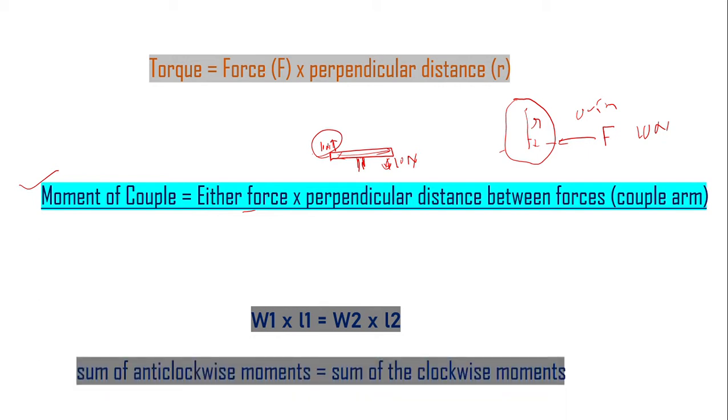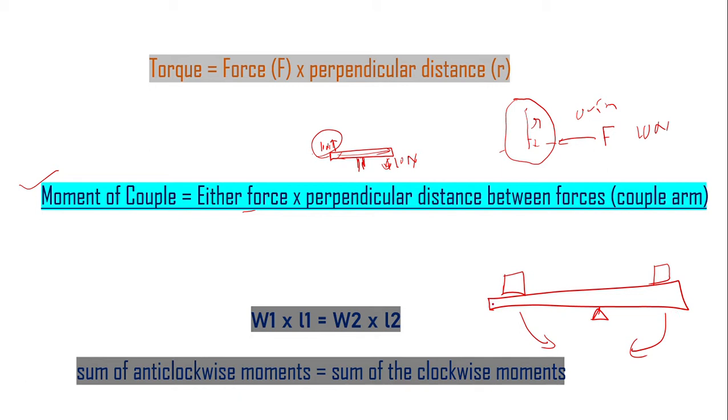The third one is: sum of anti-clockwise moments is equal to sum of clockwise moments. For example, there is a seesaw. If there is some weight kept over here, it will generate an anti-clockwise moment. If some kid is sitting over here, it will generate a clockwise moment.